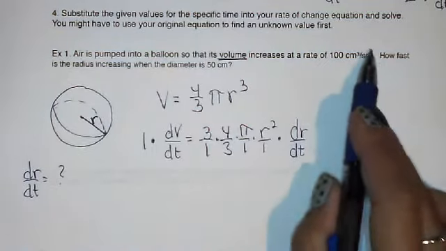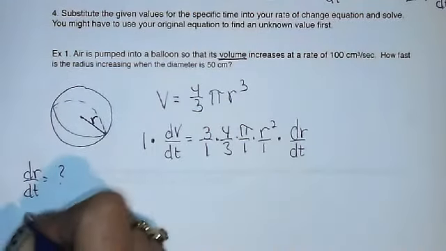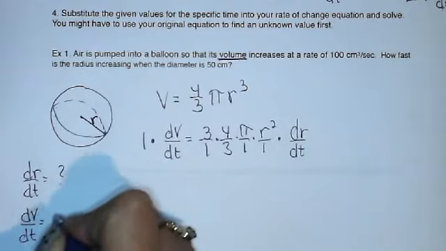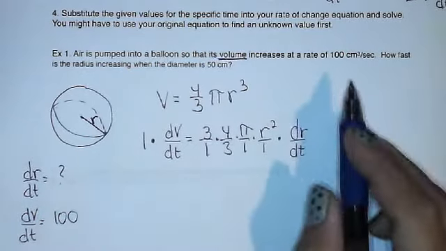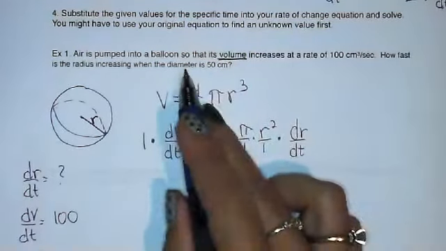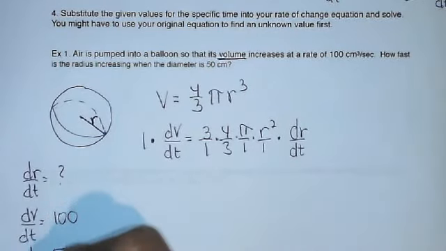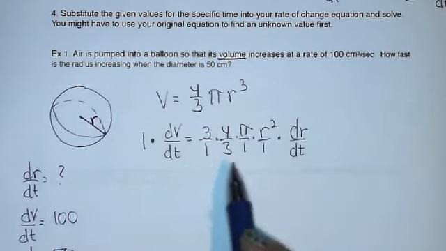And what I know is this, that the volume increases at a rate of 100. This is dv dt. And I know that the diameter is 50.